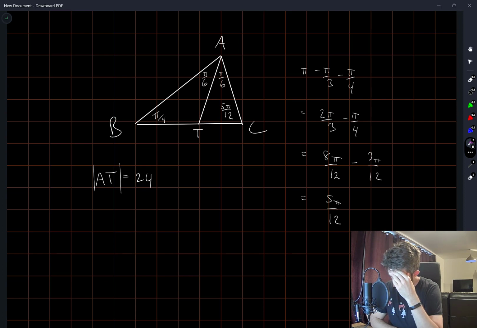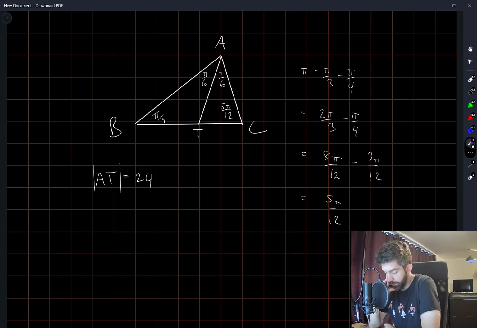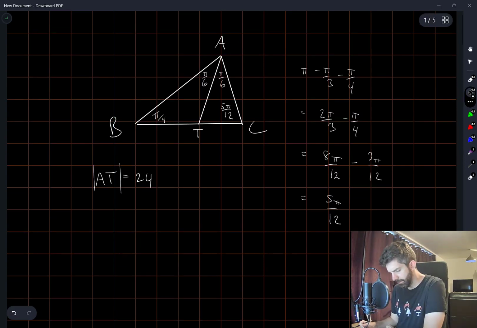Is it worth going through some path of using trigonometric stuff here? If I can find this height, oh wait, no. I really hate these geometry questions. They're so annoying. Wait a minute.